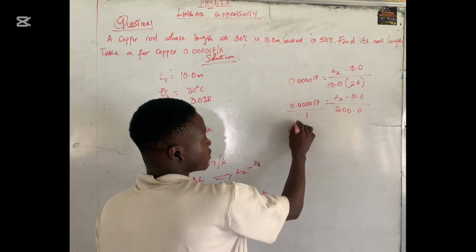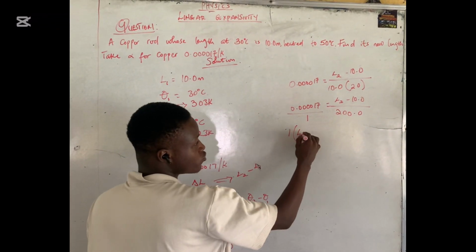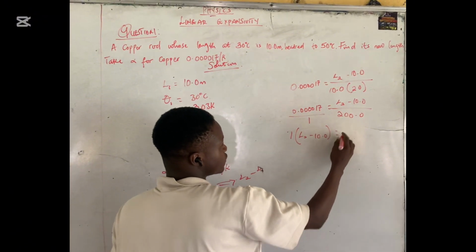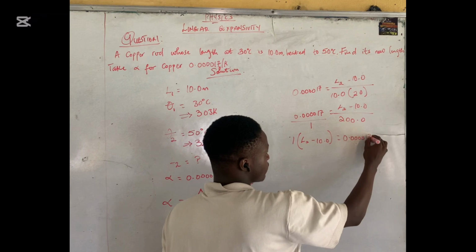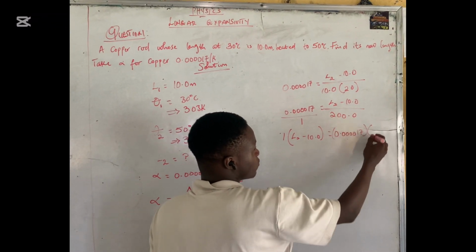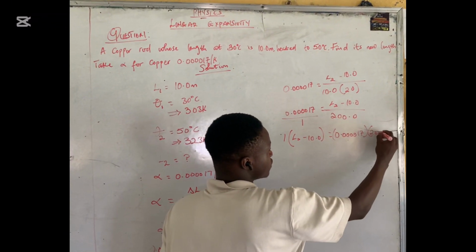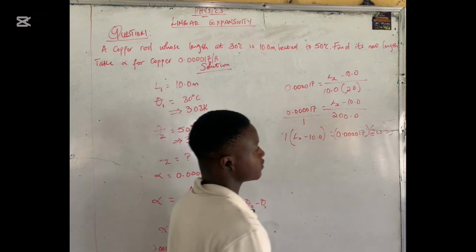So now this is a fraction, and you cross-multiply. It becomes 1 into bracket L2 minus 10.0 equals 0.000017 times 200.0.